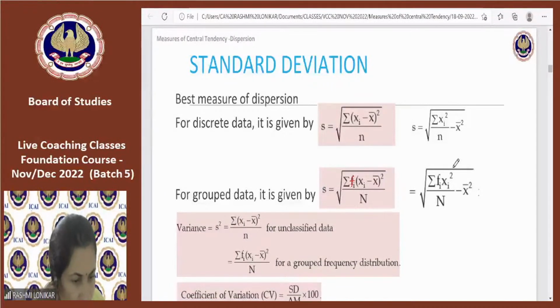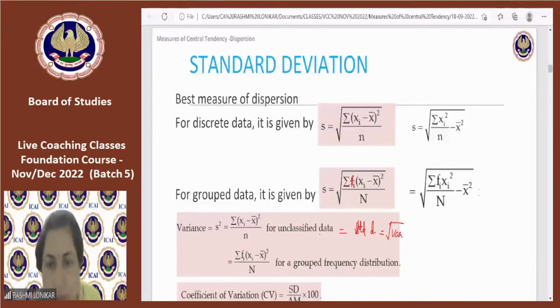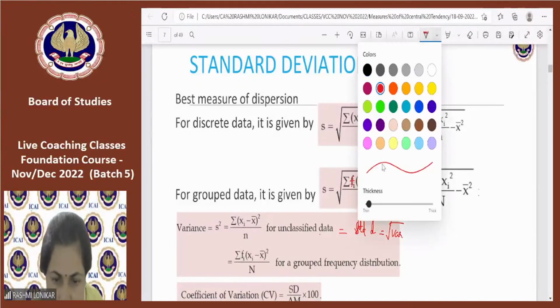Variance is equal to sigma square, which is equal to summation xi minus x bar whole square upon n for ungrouped data, and which is equal to summation f into xi minus x bar whole square upon n for grouped data. So we say that standard deviation is nothing but square root of variance.